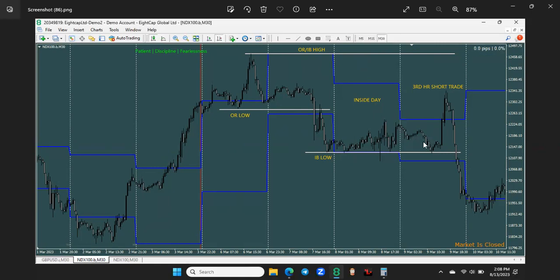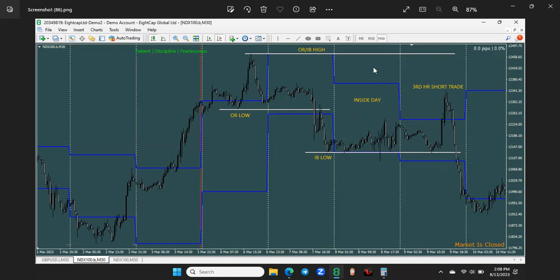As Thursday proceeds to trade, we get a retest of the initial balance low for a long trade into the New York session as the market opens up. Now we get a breakout of the initial balance low and of the previous day's high for a third-hour short trade in the New York session.